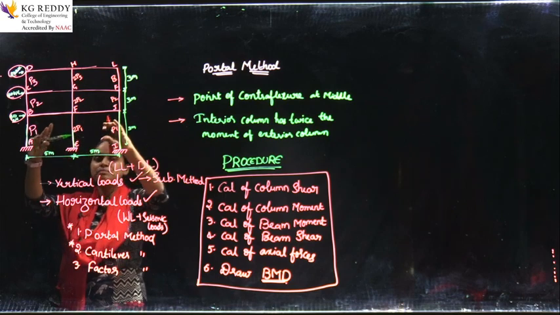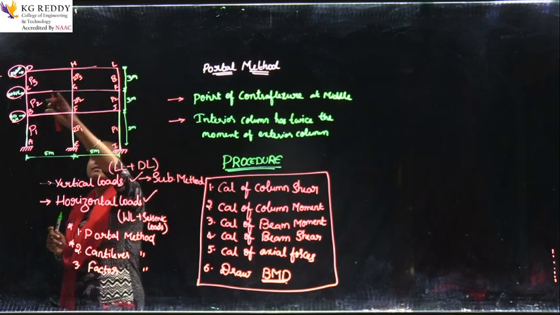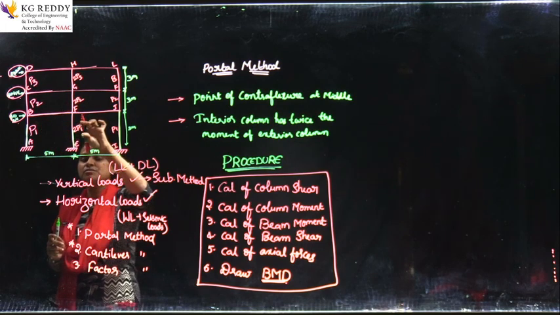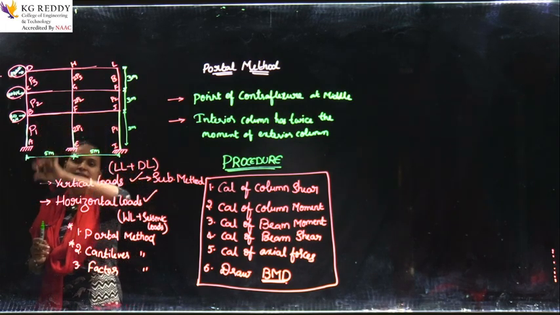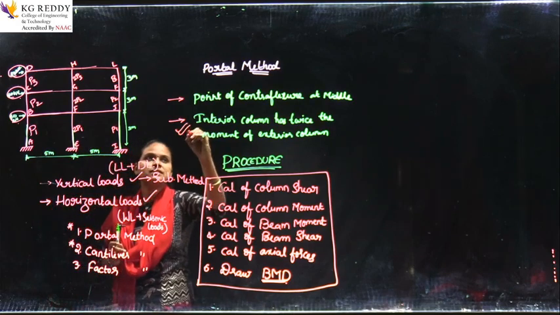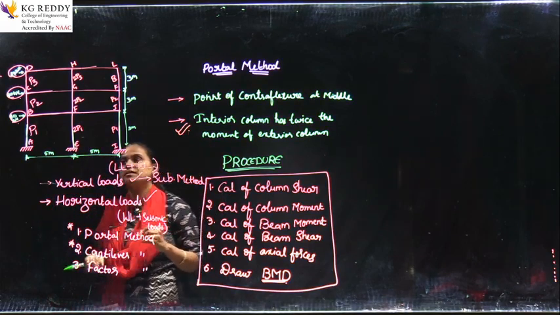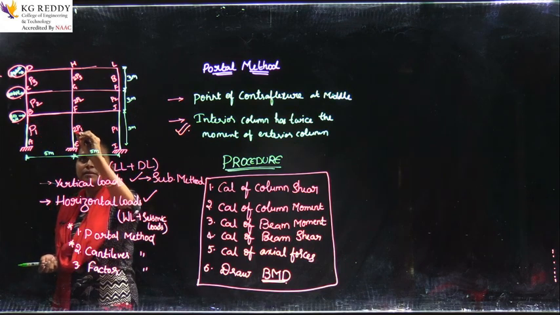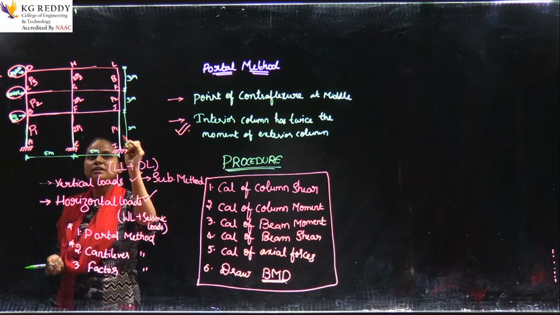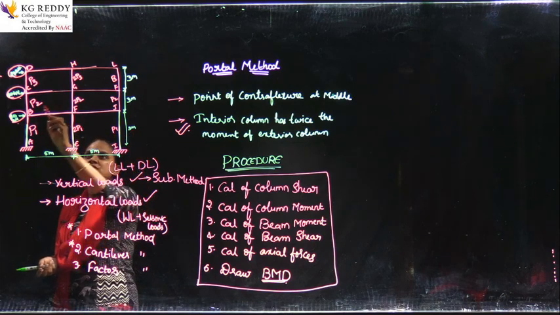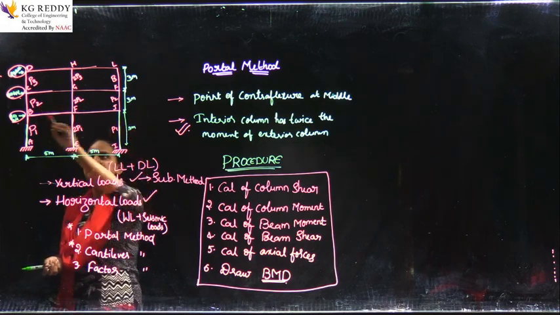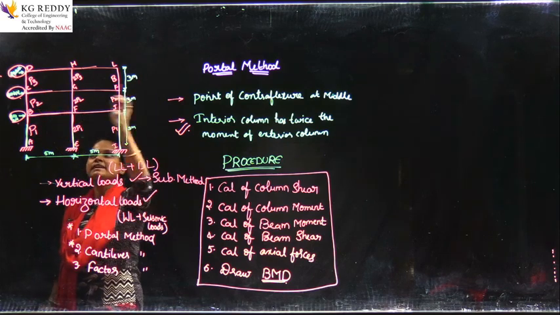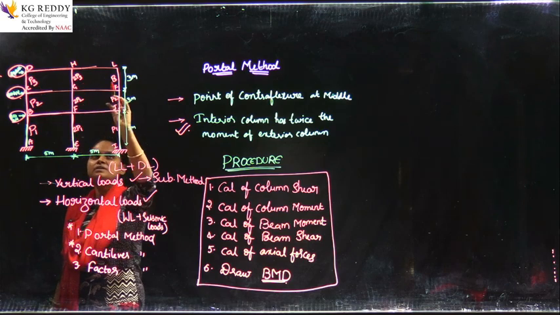This is the first part, the bottom story, this is the second part, and this is the third part. The interior column has twice the moment of the external column, so this will be 2P1, and this is also an external column, so this will be P1 as usual. Next, for the middle story, it is P2, 2P2 and P2.